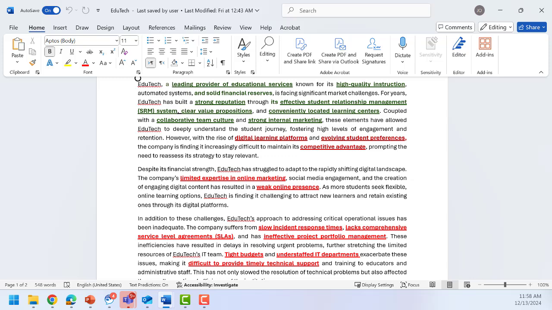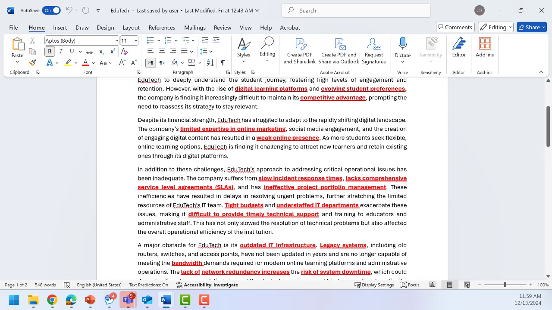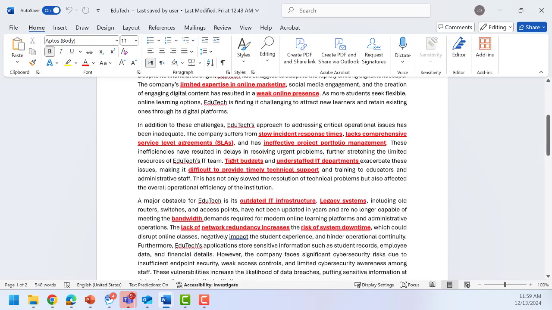Like this one here, digital learning platforms, evolving student preferences are not weaknesses, they're actually opportunities, and they're also not threats. Those are very straightforward: effective portfolio, tight budgets, difficult to provide timely technical support.